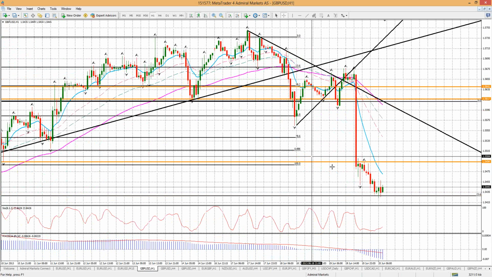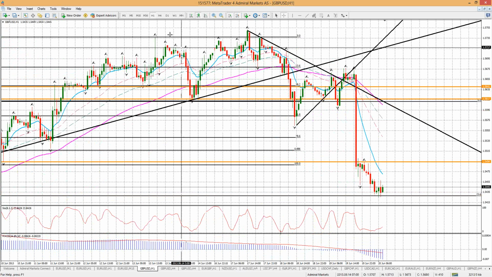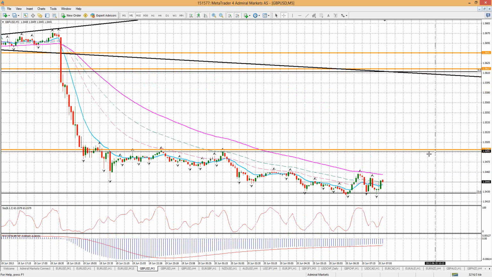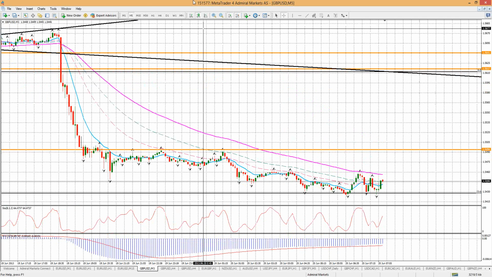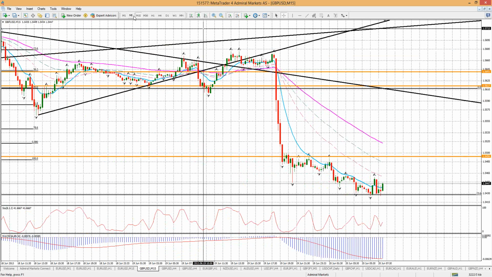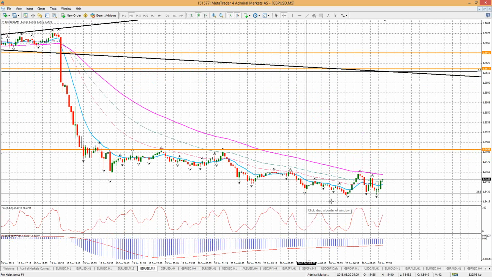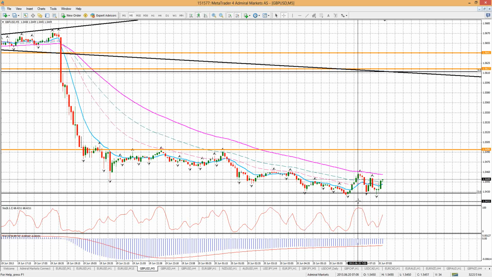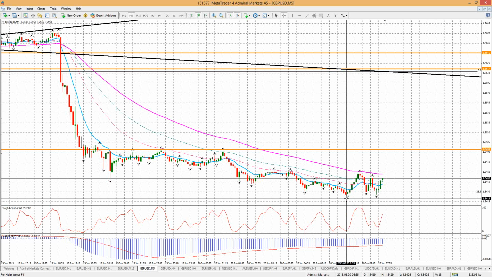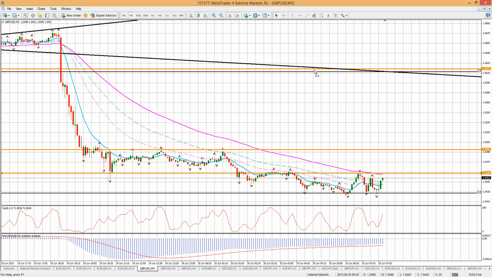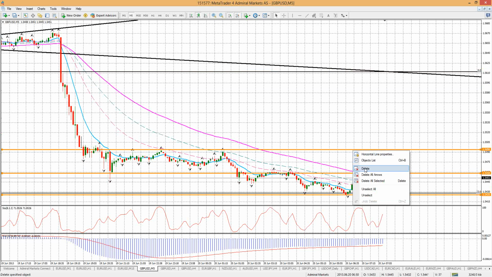Let's see. This is the pound dollar, and the 15 EMA, 89 EMA is pointed downwards, and the zone between 5 and 7 is here. So that's the London Open trade, by the way, remember.